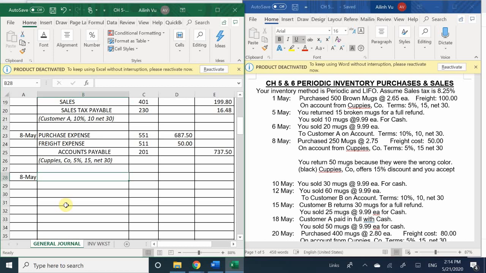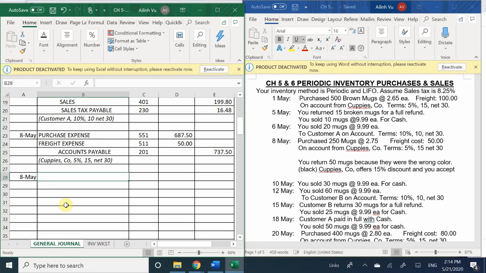We got 50 mugs that were the wrong color, and Cuppies Co. offered a 15% discount. They accidentally shipped us a set of black mugs when we wanted brown mugs.